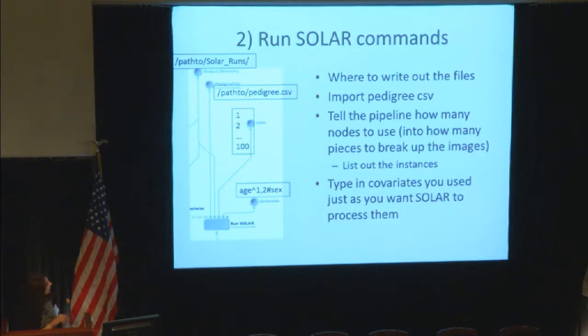And here, the next module is where you actually tell the pipeline which instance you're running and the covariates, and if you're interested in looking at nonlinearities in the covariates like h squared, SOLAR has commands to do that, and you can just import it in here in the exact way that you would tell SOLAR to run it.